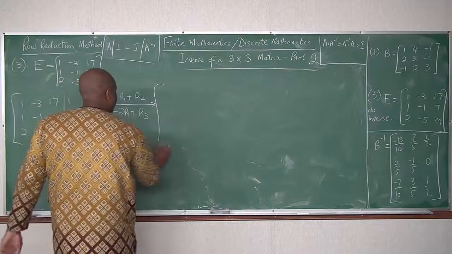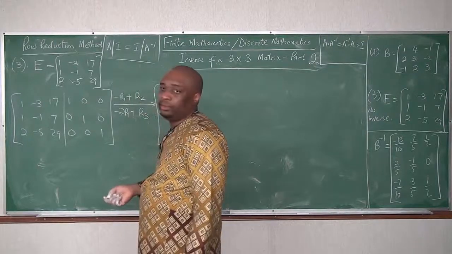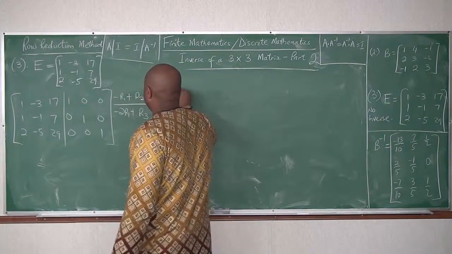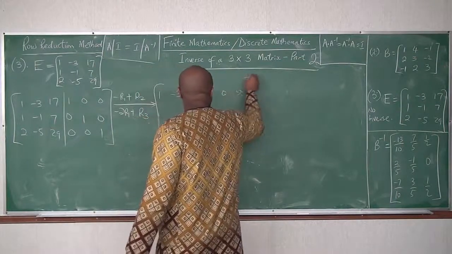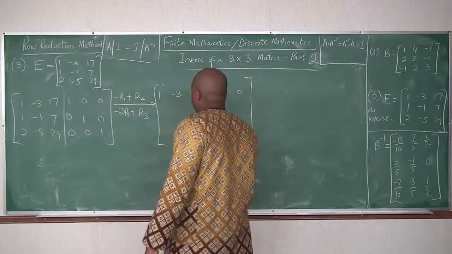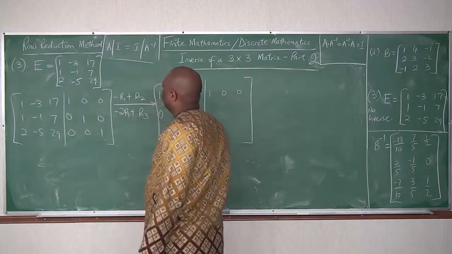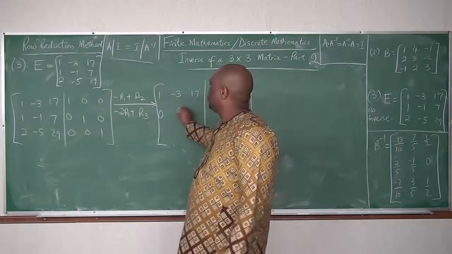If we do that, what do we have? Row 1 does not change. We write it like that: 1, negative 3, 17. 1, 0, 0. Negative 1 plus 1 is 0. Negative 3 is 3. 3 minus 1 is 2.